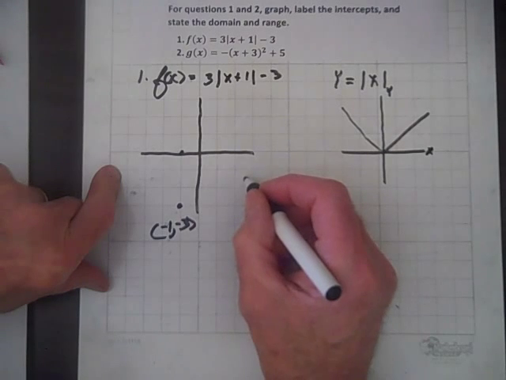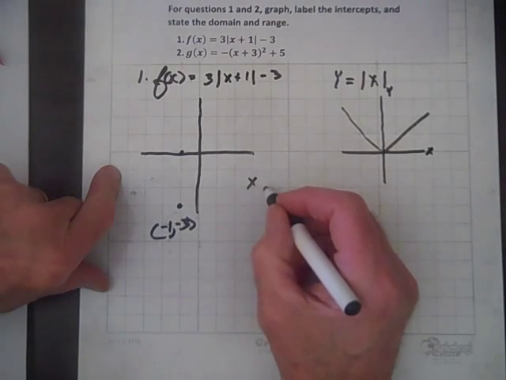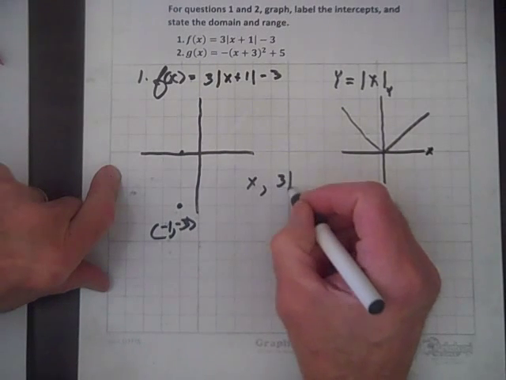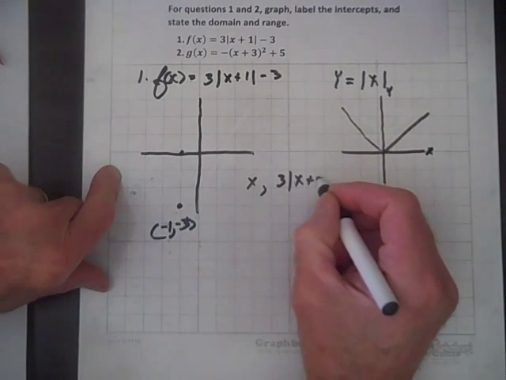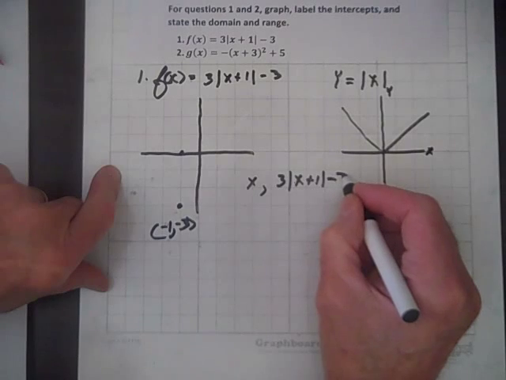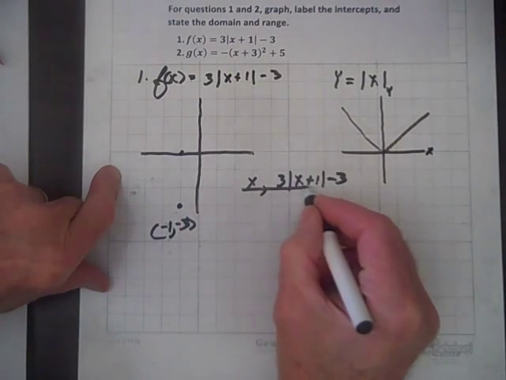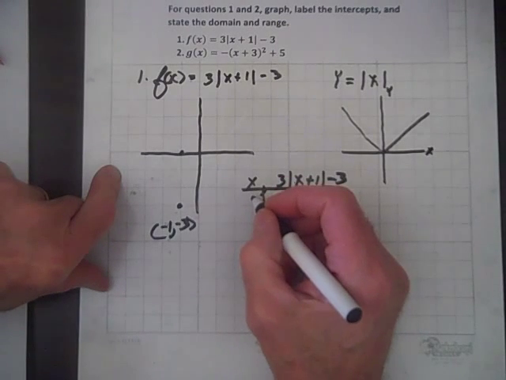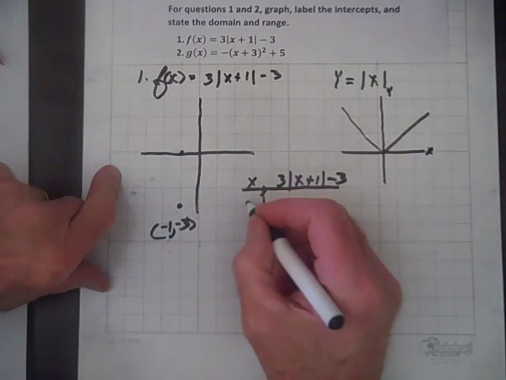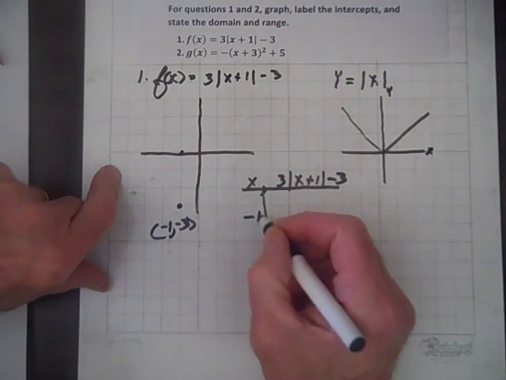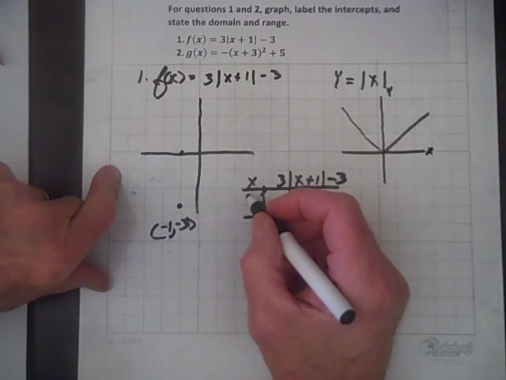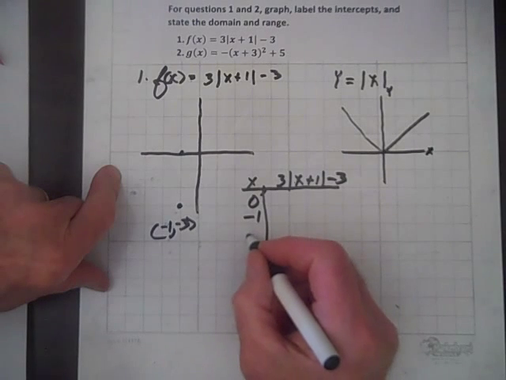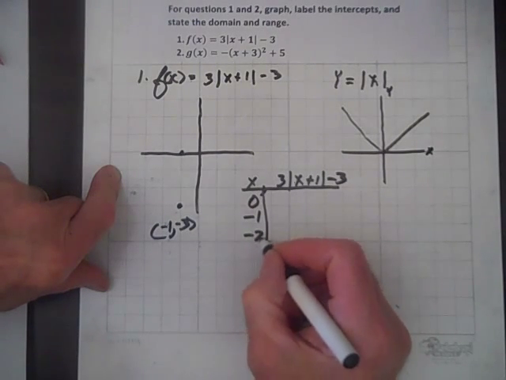Now let's make a table, x and 3 times the absolute value of x plus 1 minus 3. And let's see, now we know the vertex is at negative 1. So let's pick two x coordinates, one on either side of negative 1, and one of those is 0, the other one's negative 2.